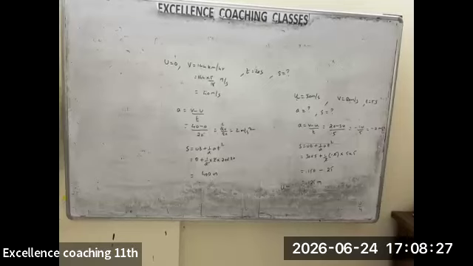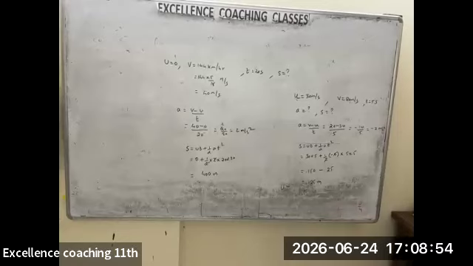This is again not from this chapter, but let us know about it. Just read it. The acceleration of an object moving with speed v in a circle of radius r has a magnitude v square by r and is always directed towards the center. This acceleration is called as what? Now see, this is not in this chapter, but you all should know these general things.